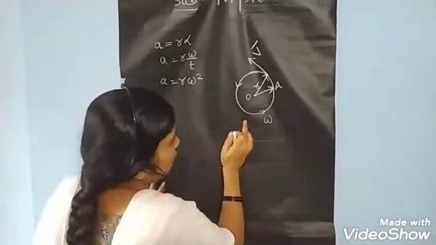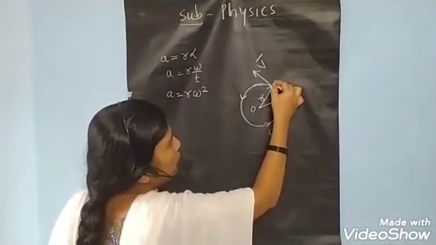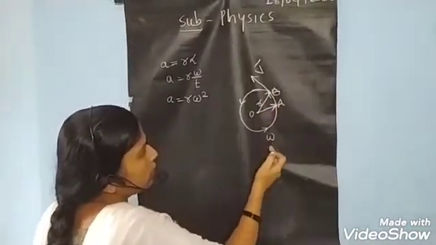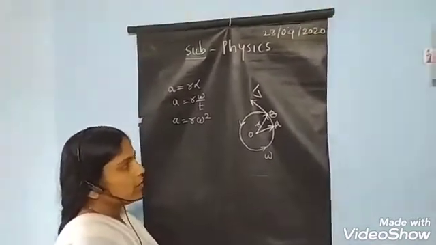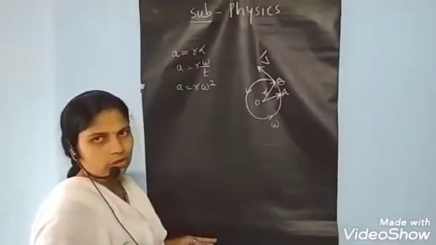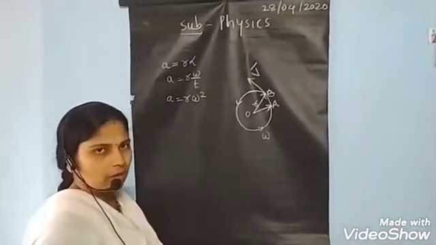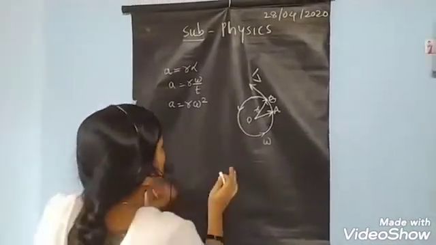Here we consider the diagram. A particle is moving from position A to B along the circumference of a circle with radius r and with constant angular velocity omega. Then we get two types of acceleration: first, which is acting towards the center, and second, which is acting away from the center.